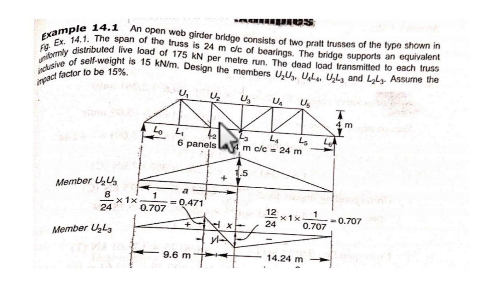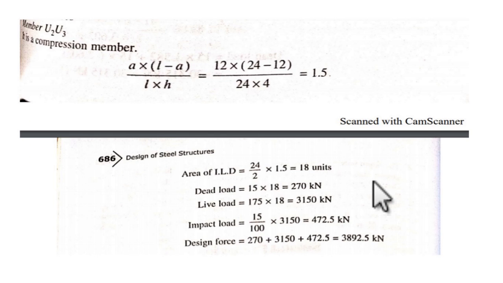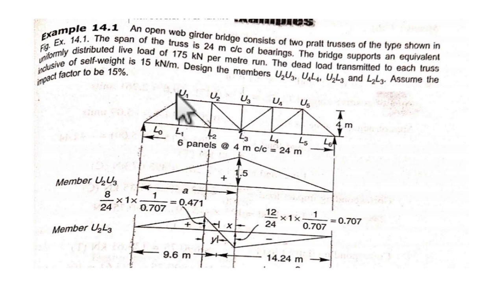The first member is U2 U3. For a top chord member, as explained in the foot over bridge problem, the terminating point is U3. So here it will have the maximum ordinate. So this triangle will have an ILD like this. Now this ILD is calculated using this formula for lower chord and upper chord members: a into (L minus a) by L into h.